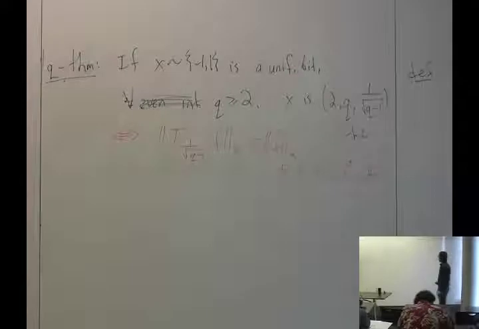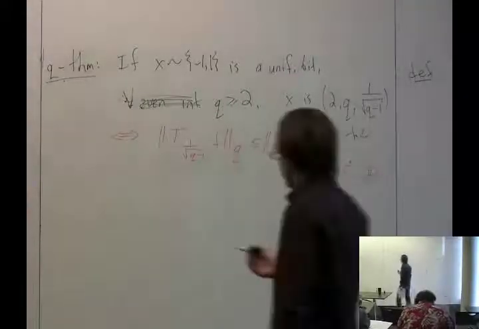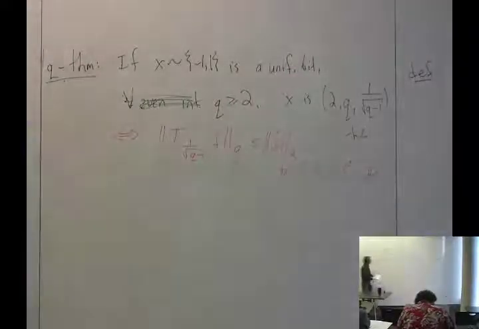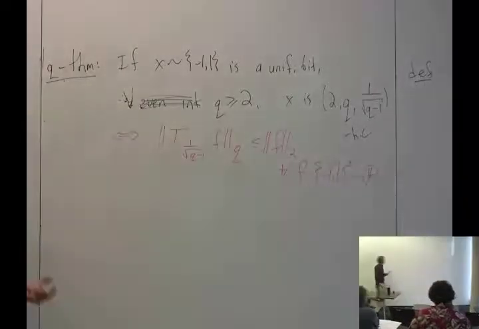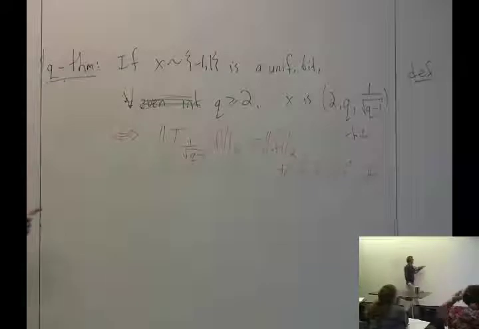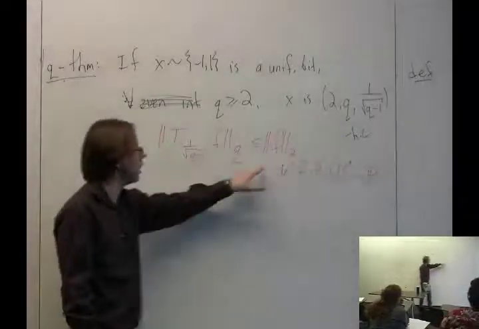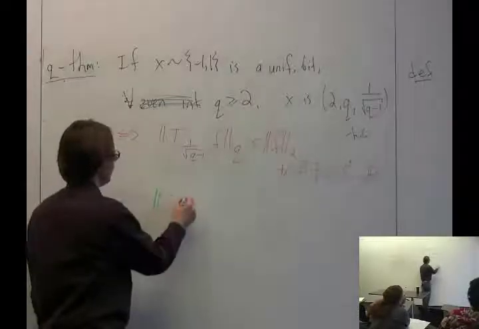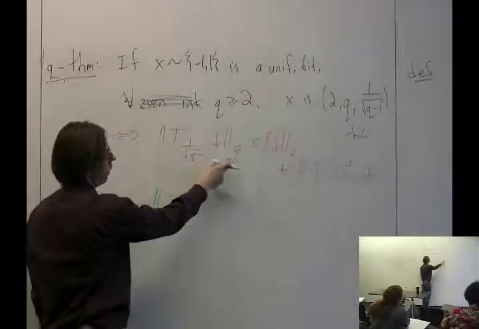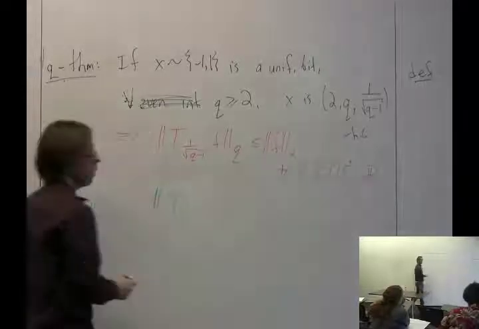Okay, so the main slick trick is, remember when we proved this with f equals n, the very first thing we did was some very simple trick using Holder's inequality. We had 4 and 2 here, and we did a simple Holder's inequality to get 2 and 4/3 here.